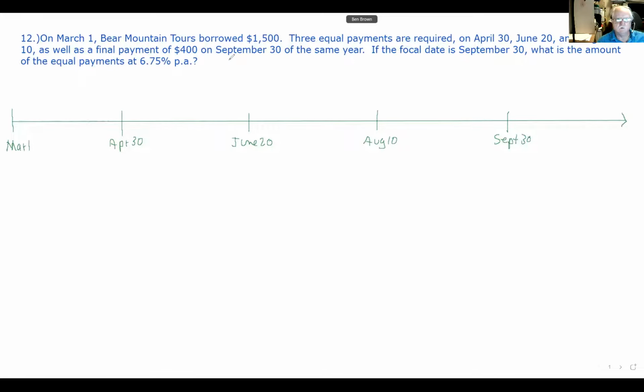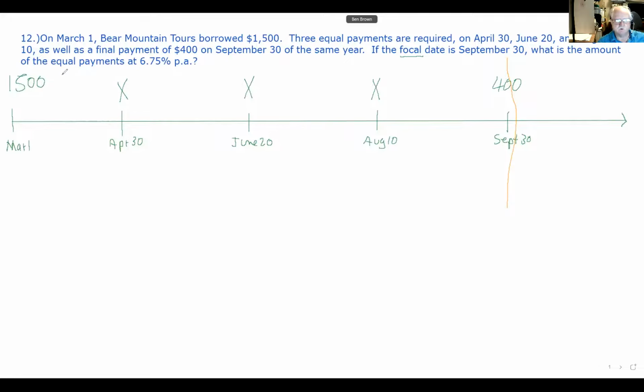So we know they borrowed 1,500 here. And they made a payment on September 30th of 400. But they made a payment here, a payment here, and a payment here. And we're being told the focal date is September 30th. So there's our focal date.